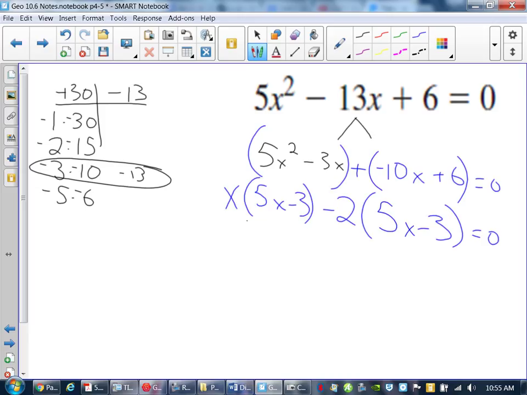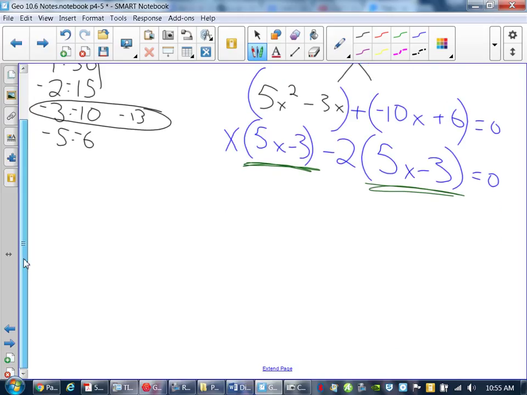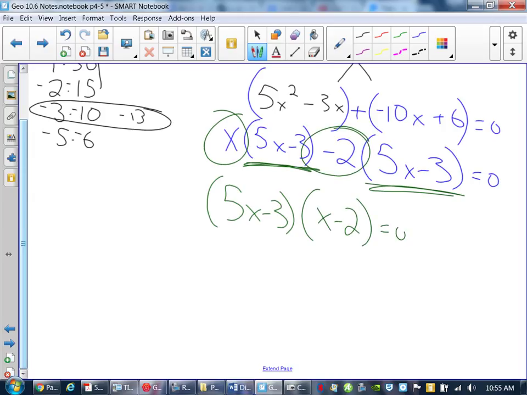So now, are the two things you have in parentheses the same? That's a good sign. If those two are the same, you want to write it down. What's left? X minus 2. And you're done.